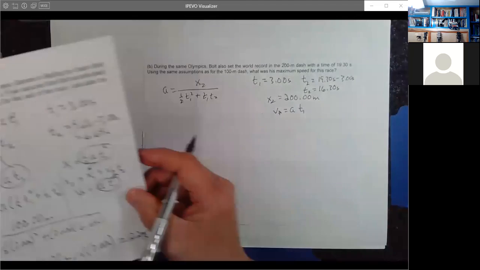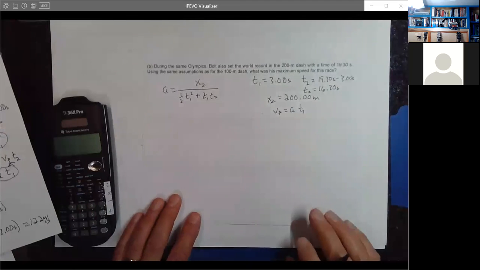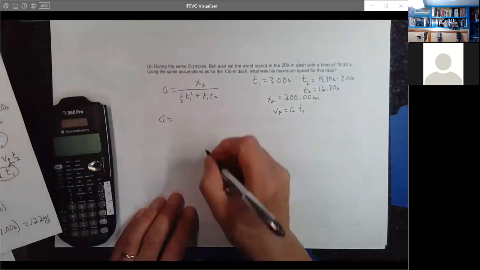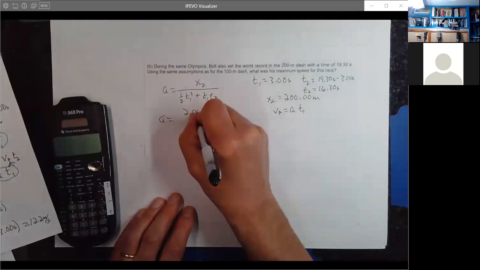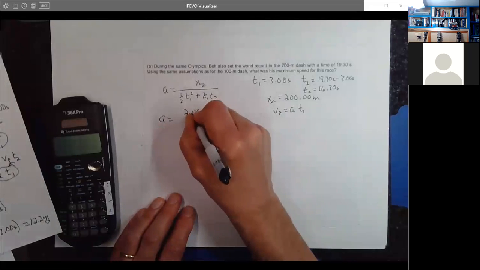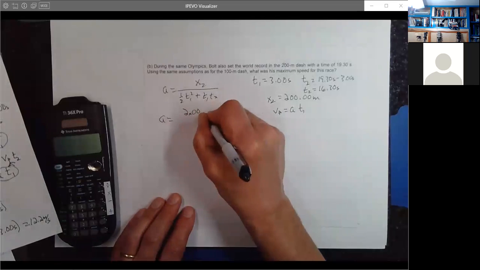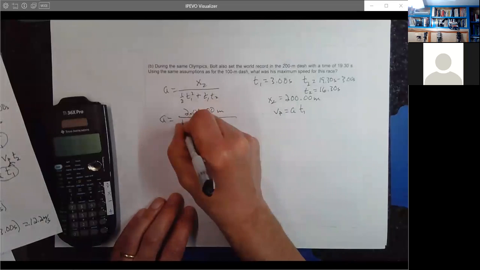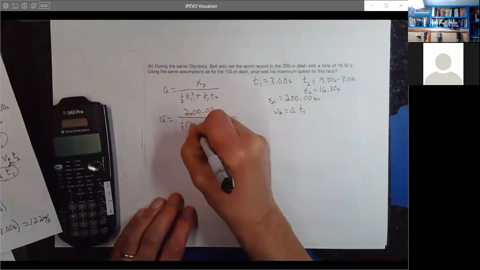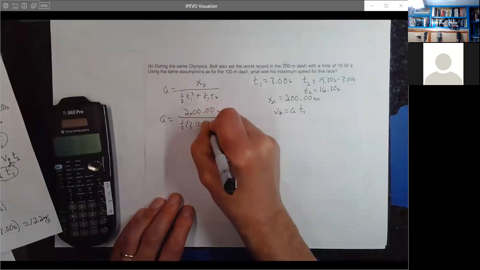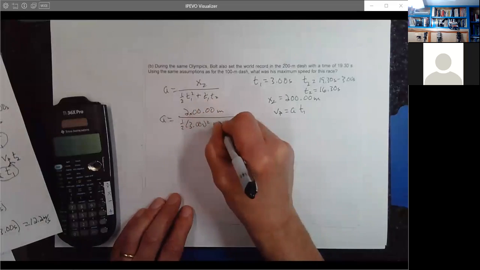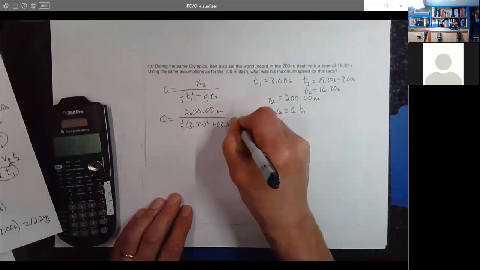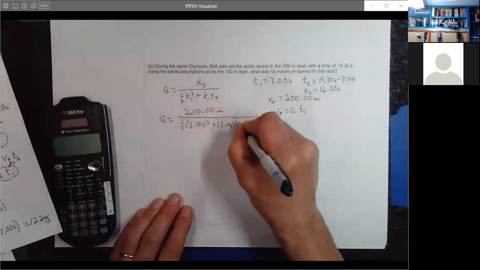So let's see, what was his acceleration there? X2, 200.00 meters divided by 1/2 times 3.00 seconds squared plus 3.00 seconds times 16.30 seconds.